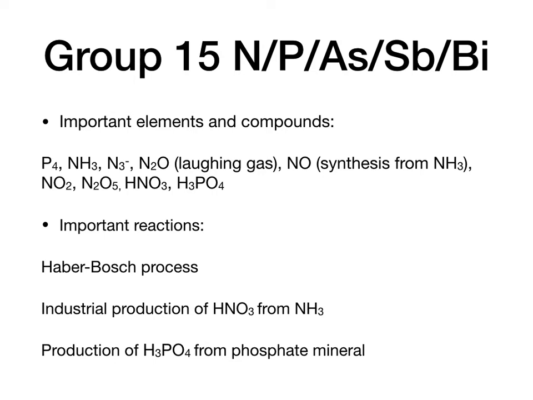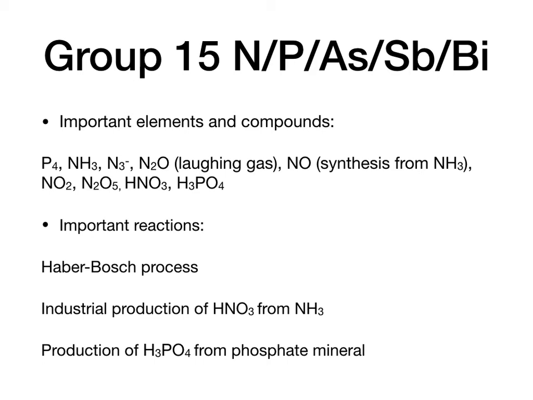It is probably one of the most important reactions developed in the 20th century. It is responsible for the production of about 400 to 500 million tons of fertilizers every year. This process uses about 1 to 2% of the energy produced today.